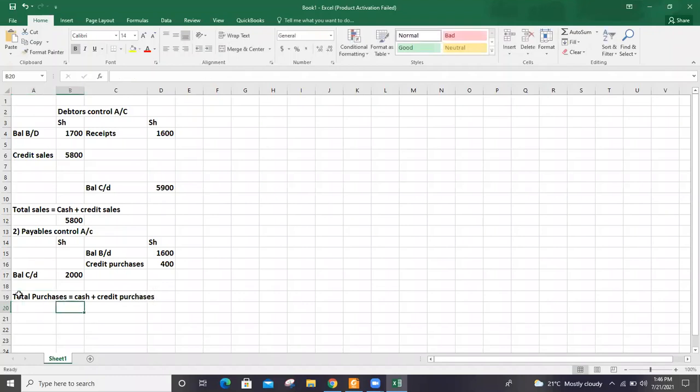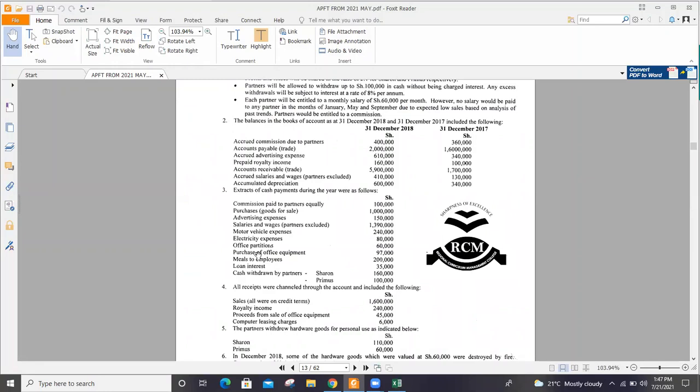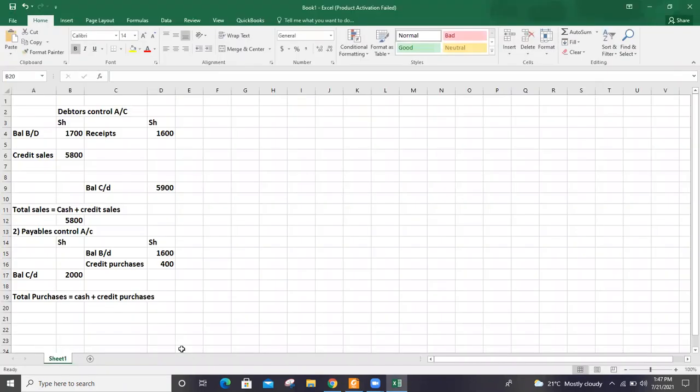Our cash purchases, based on the information that we have, are 1,000. Then we add the credit purchases of 400, so our total purchases becomes 1,400.